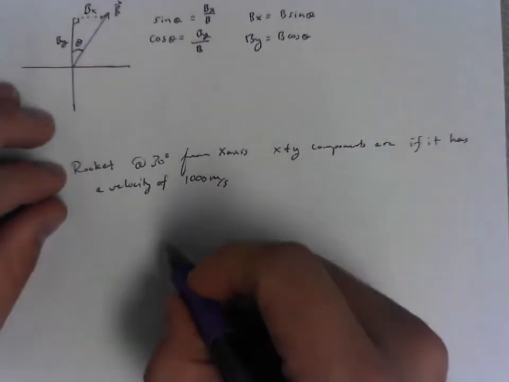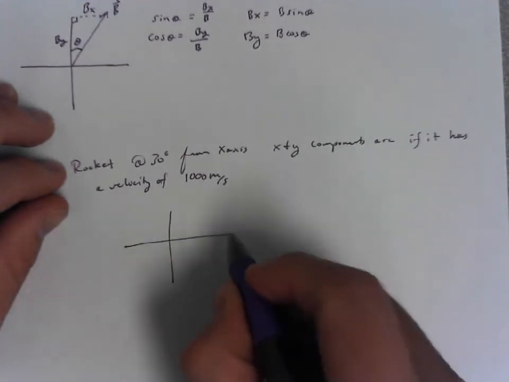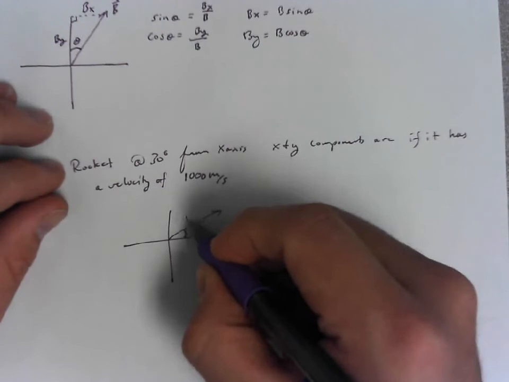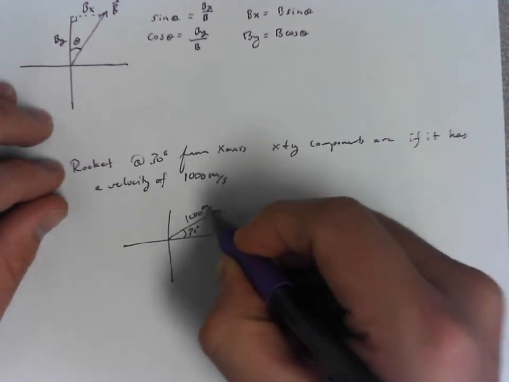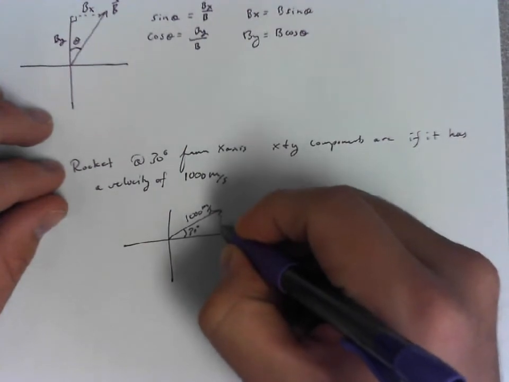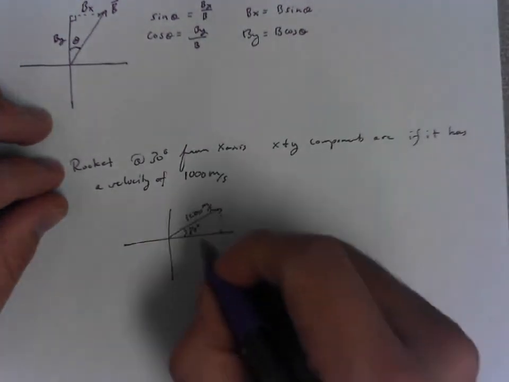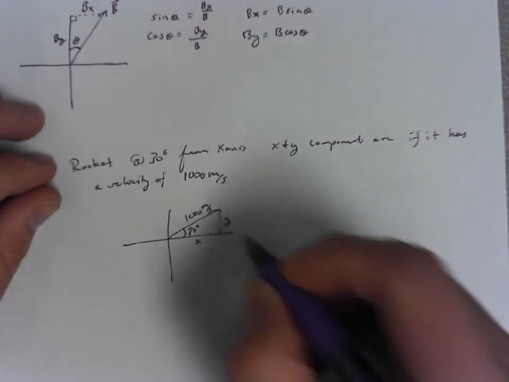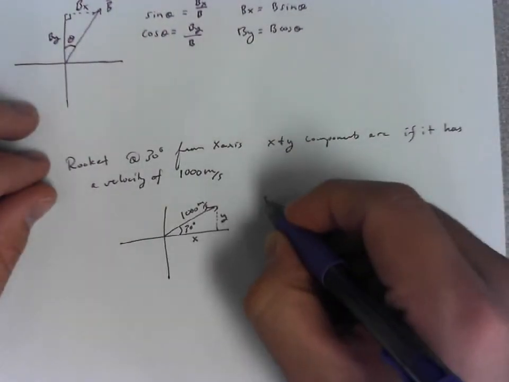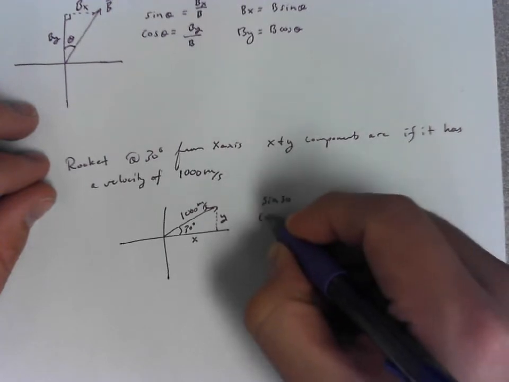Okay, so what I do here is I draw my grid, draw my vector. We're going to say that's 30 degrees, and this has a length of 1,000 meters per second. Okay, so that's my V. And what I do here is I want this X portion, I want this Y portion. Okay, so I just go and I say sine of 30, cosine of 30.